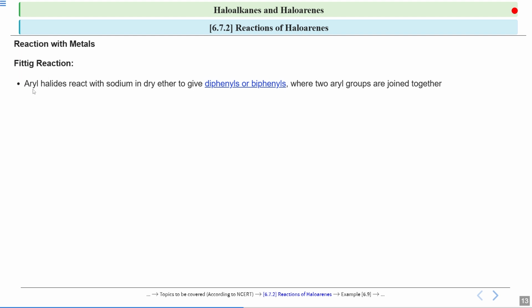Only aryl halides react with sodium metal in presence of dry ether, and you get diphenyls or biphenyls, both are the same, as your major product, where two aryl groups are joined together. So in the Wurtz-Fittig reaction you get a product combining an alkyl and an aryl group, while in the Fittig reaction you get a product combining two aryl groups.